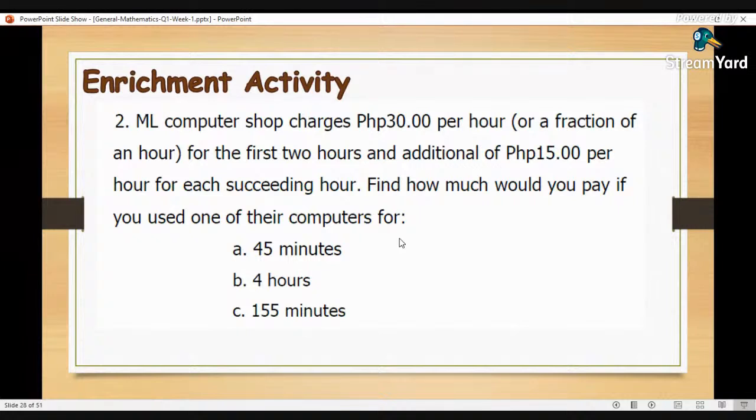Find how much you would pay if you used one of their computers for 45 minutes.